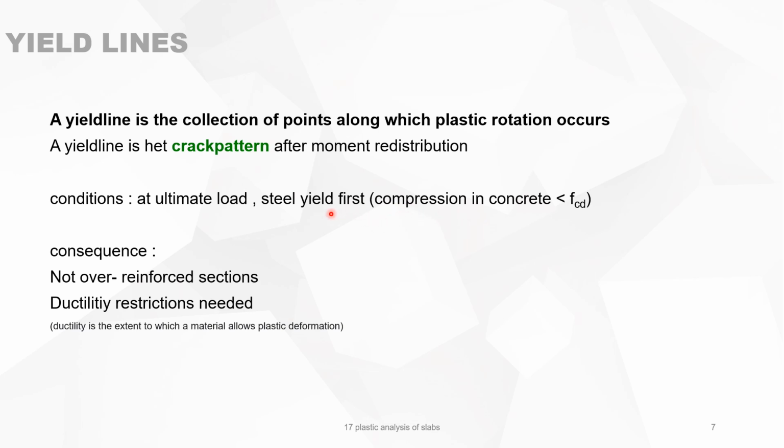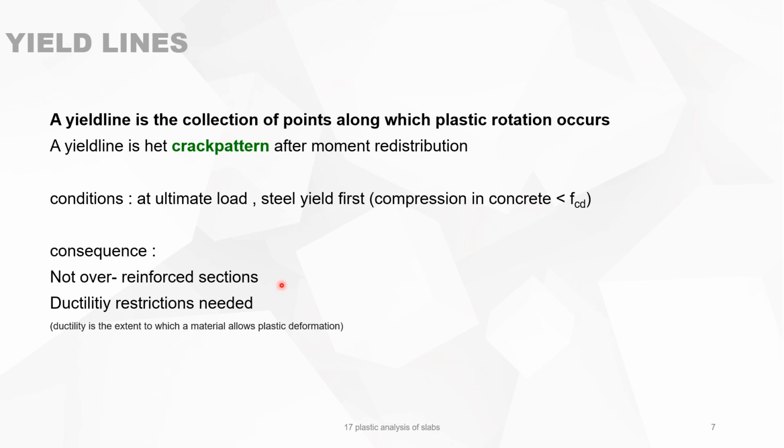The consequence of that is that you cannot have over-reinforced sections. In concrete slabs with too much reinforcement, the yield lines will not develop as you wish. The concrete will first crush and the slab will not hold.